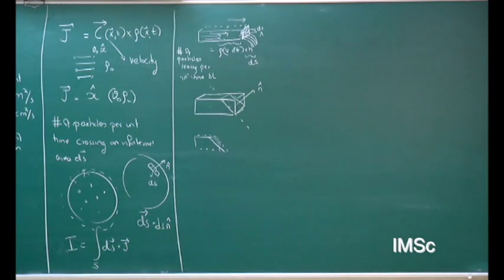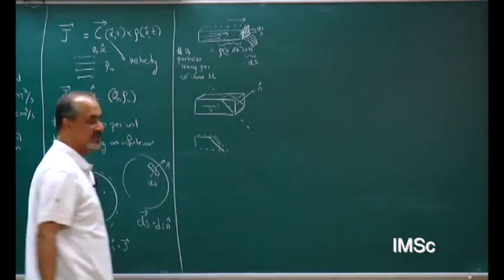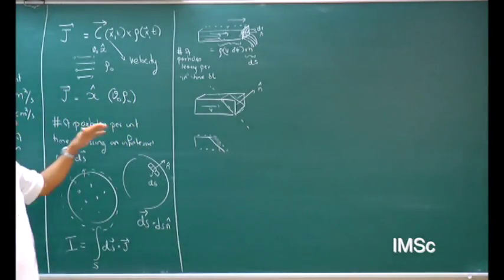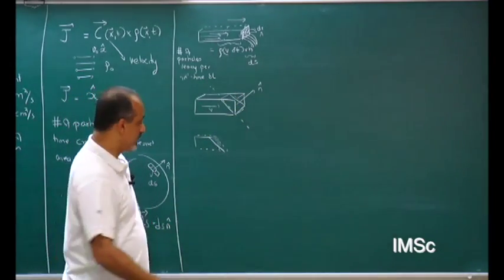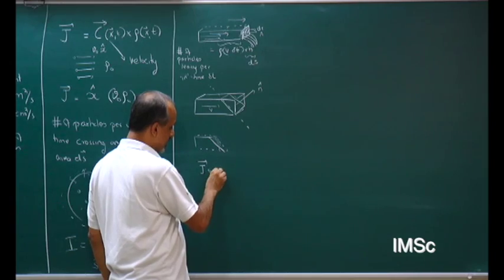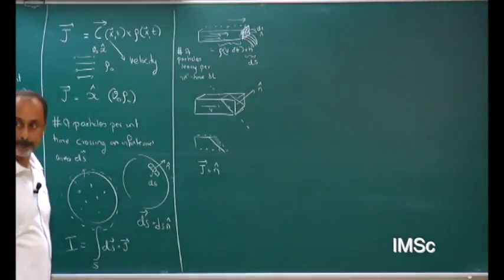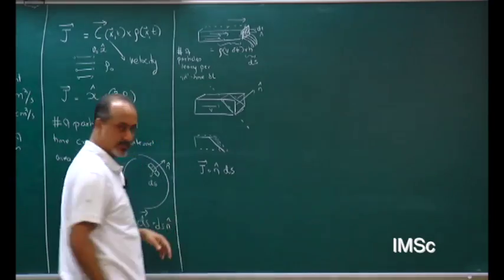Now the velocity with which it moves is still in this direction, but the way I define the normal to the surface has now changed. So let us see what happens to that j dot n hat, which should also be multiplied by a ds.